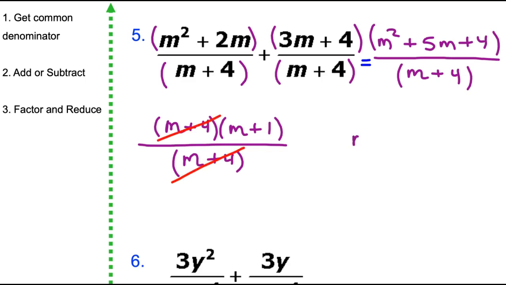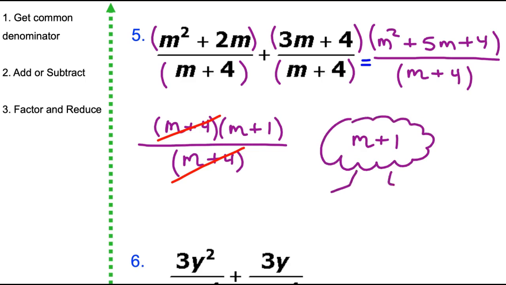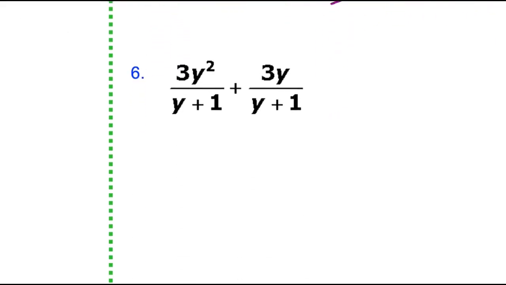This is equal to m plus 1. X cannot equal what? -4. -4. Okay, keep on trucking here.